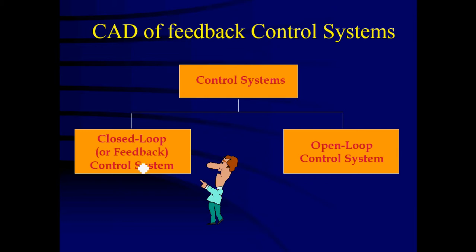Typical case, the cruise control in your car. You set it to go 65 miles an hour. The sensor sends whether you're going faster or slower, and depending on that, the car goes faster or slower until it actually rides at 65 miles an hour.